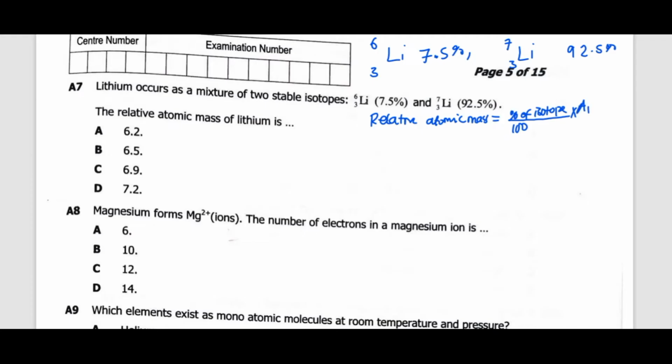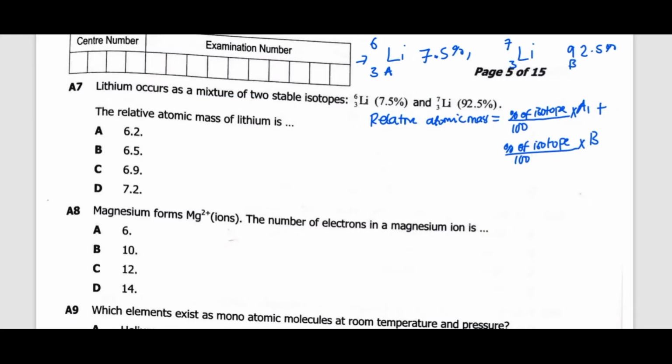So we'll consider the first one as A, then plus, since there are 2, this will be a percentage of isotope over 100 times B. We'll consider this one as B.